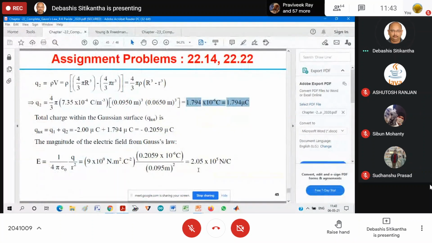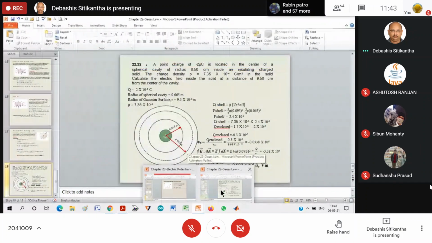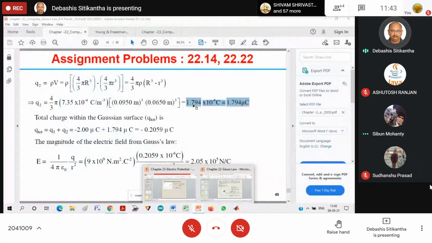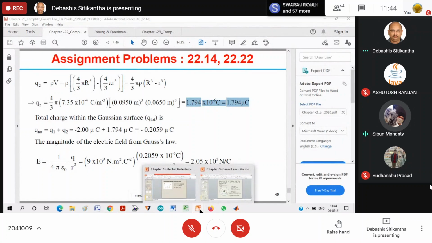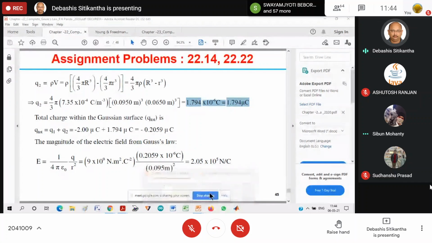Hey, it's coming too different. So here lies the problem. The total value is coming as 1.794. Here we take 1.7, here he takes 1.794. That's why our charge is getting different. Exactly. You are absolutely correct.